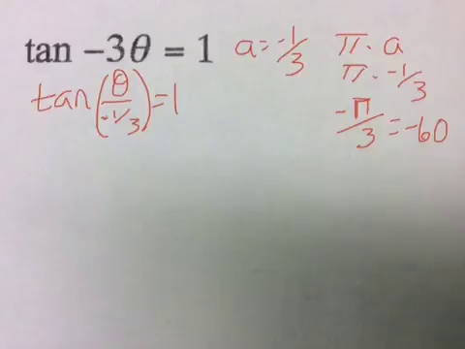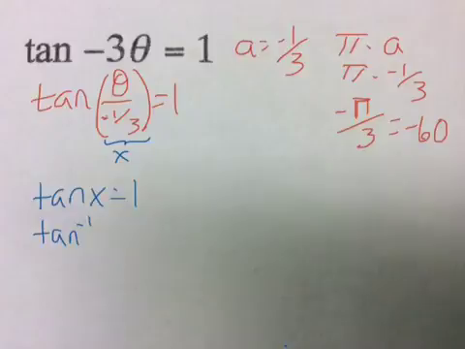All right, so let's treat this as an x. Oops. So we have tan of x is 1. So inverse tangent of 1 is going to be 45.